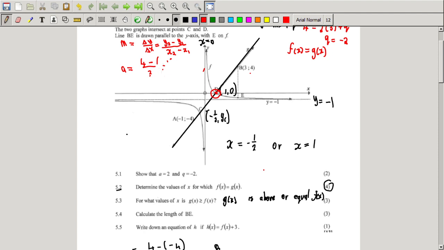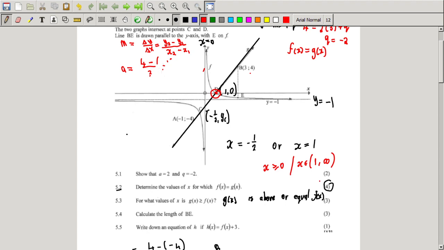So it's going to be x greater or equal to 0, or in interval notation, I can write x is an element of the domain from 1 to infinity.